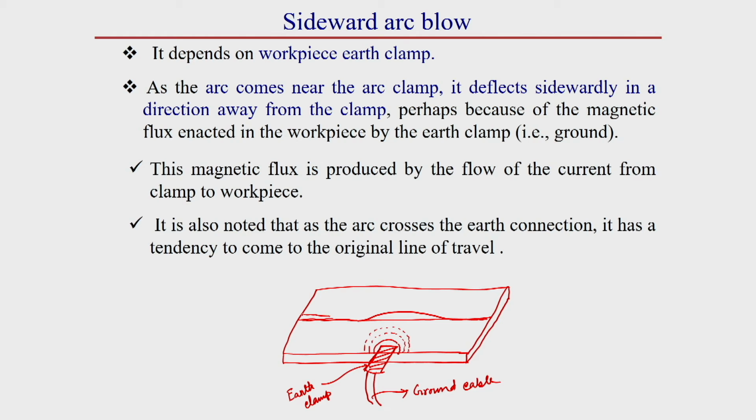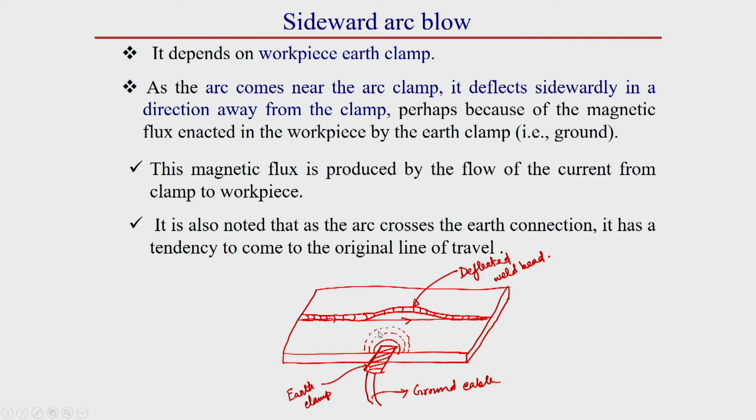So, how does the weld look here? Here the weld bead looks like this. Let this be the weld bead. As the welding comes to this region, the weld bead is deflected. So, what we observe here is that due to this earth clamp, the arc is shifted from its intended path.